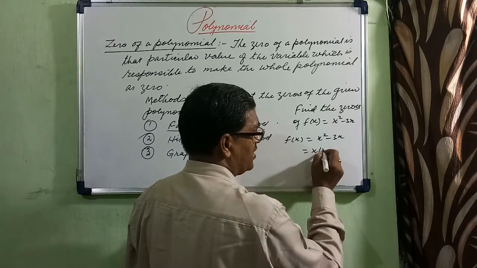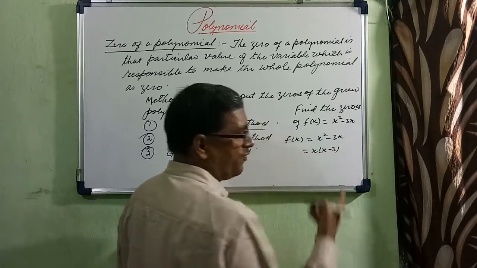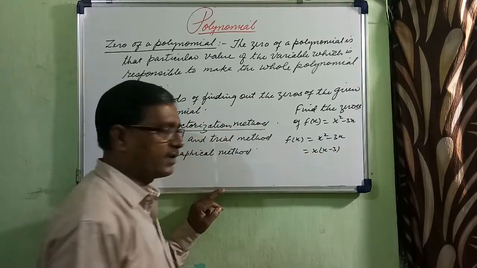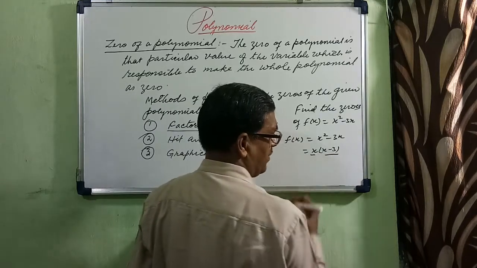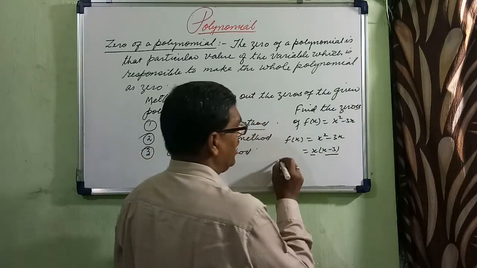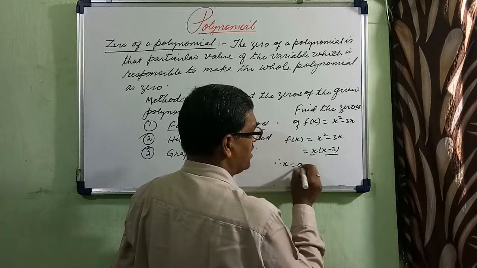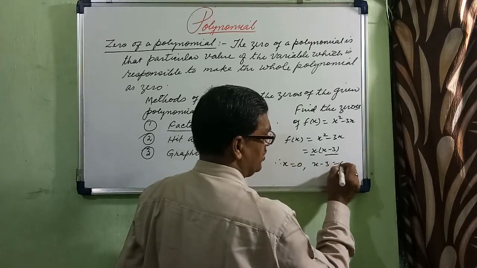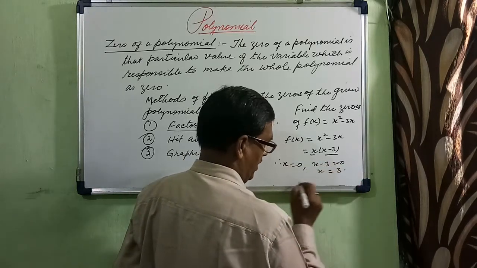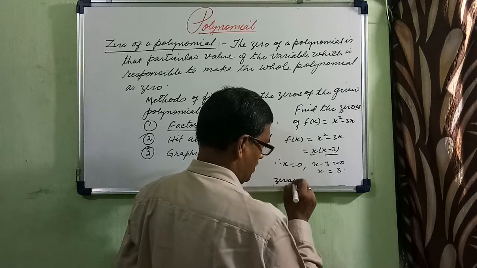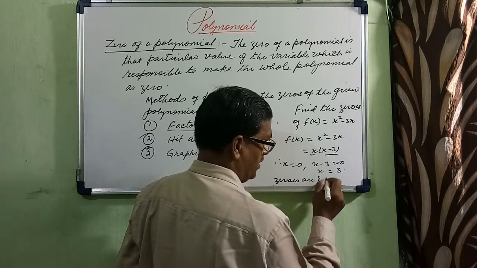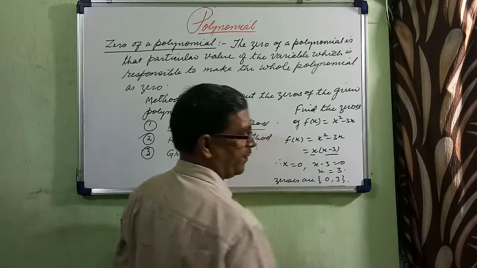You factorize, x is common, x into x minus 3. How many factors are there? There are two factors. One is x, another is x minus 3. So therefore, each of the factors will be taken as 0, x minus 3 is equal to 0, x is equal to 3. So what are the zeros? Zeros are 0 and 3.